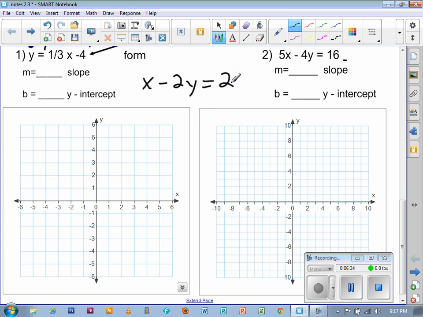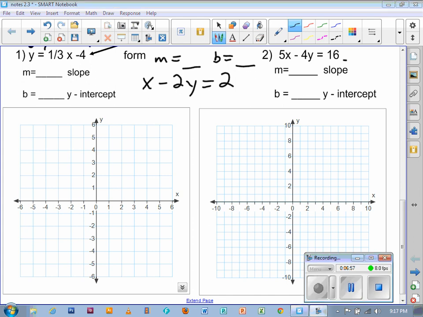So what I would like to have you do is first find the slope of this equation. And we'll put this up here because we got some work to do here. And the y-intercept. Find both of those. And then graph it on one of the two grids provided. So I'll give you a little bit of time to do that, and we'll check your work.